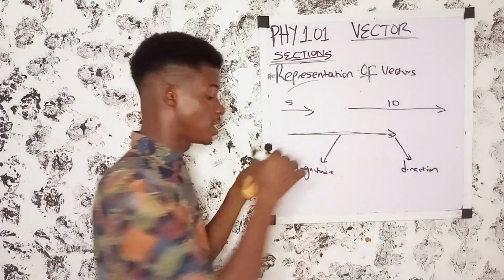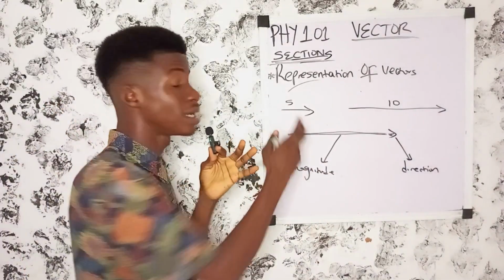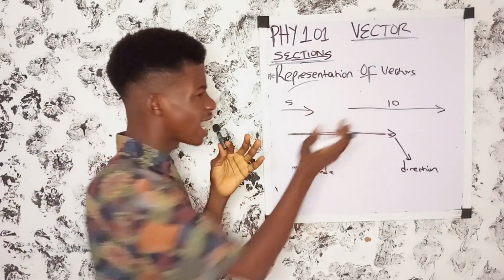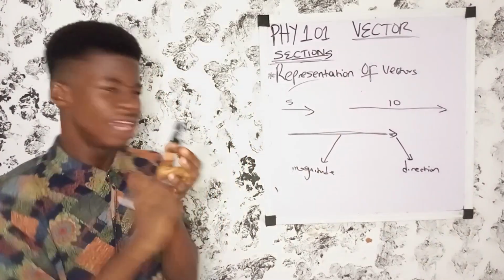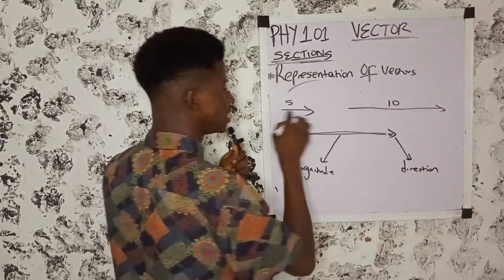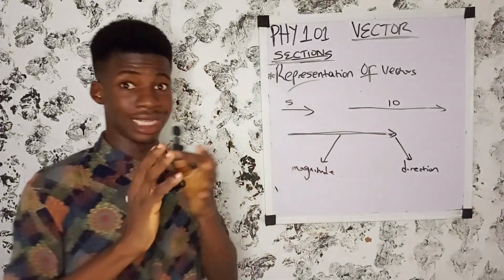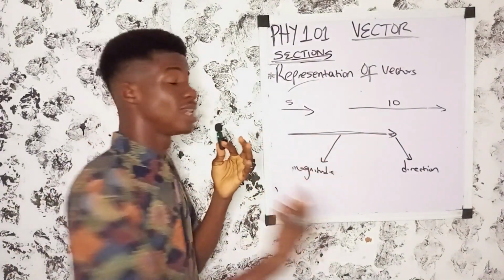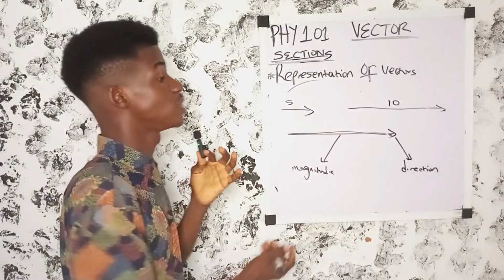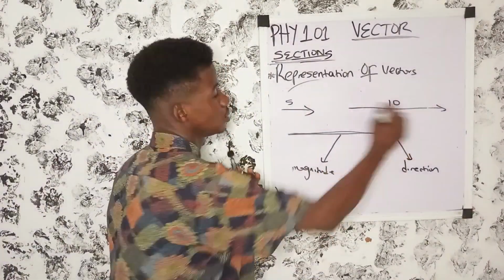This one has a magnitude of 10, bigger than the second one, which has a magnitude of 5. The major difference is the length of the tail. I told you the tail represents the magnitude of the vector.